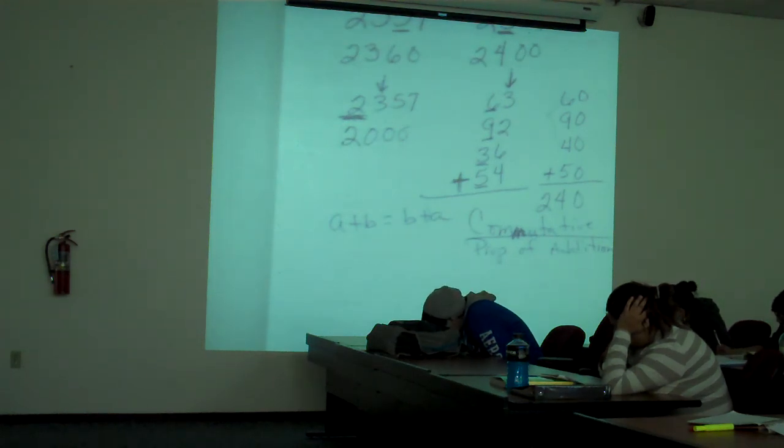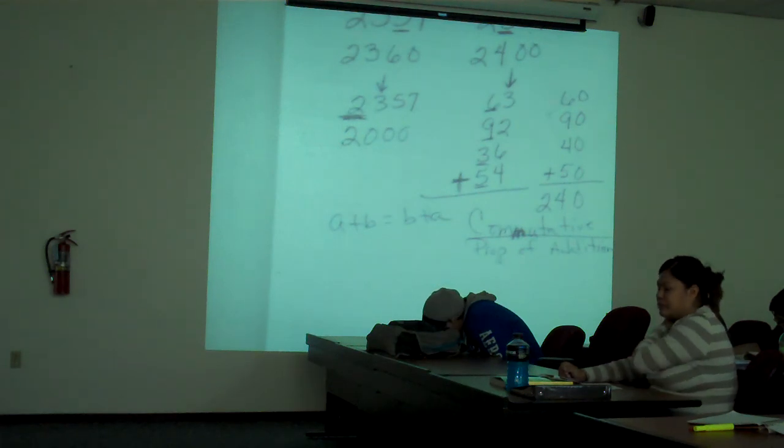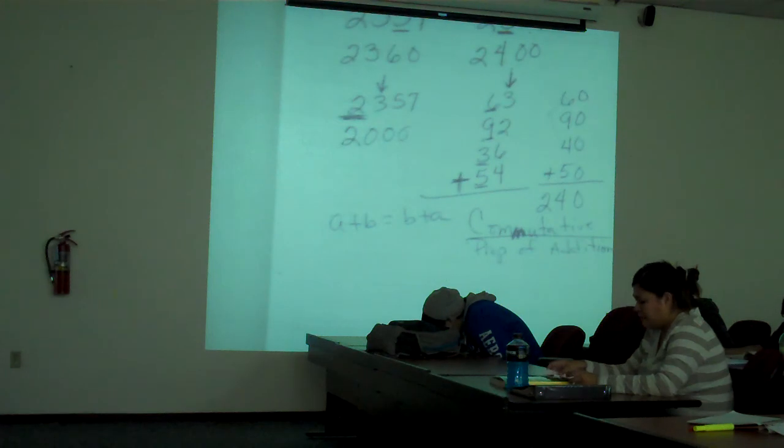Okay. You're going to round to the nearest 100 on the next one. Let's just do one of those. We'll do one on the next page. Let me get another piece of paper. Let's do number 37.